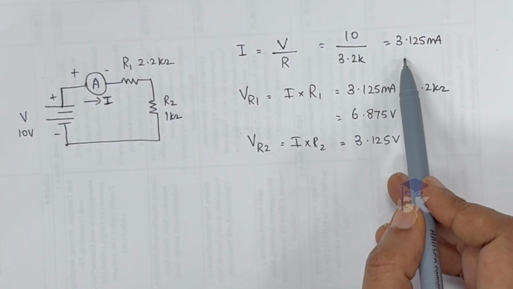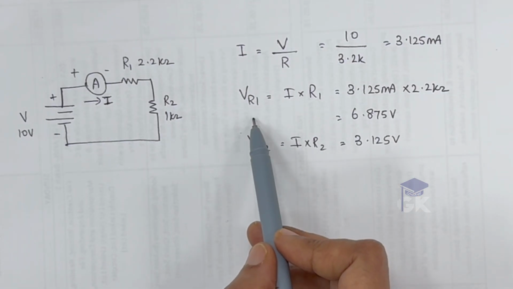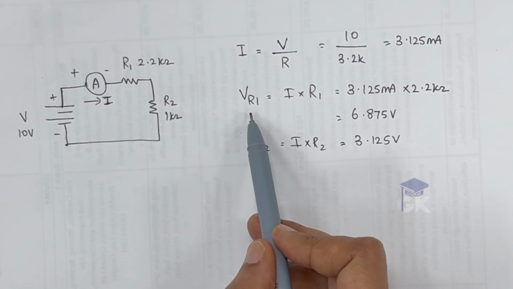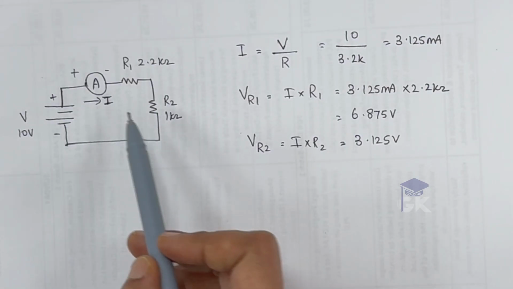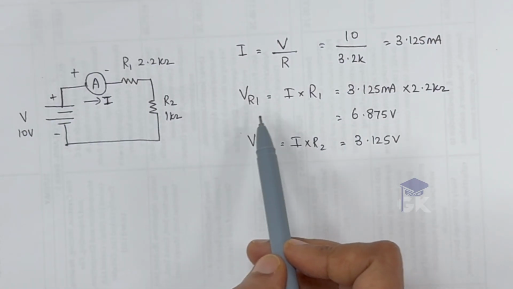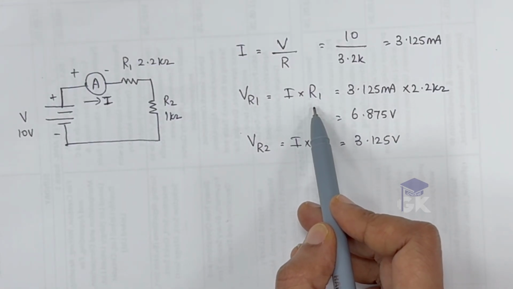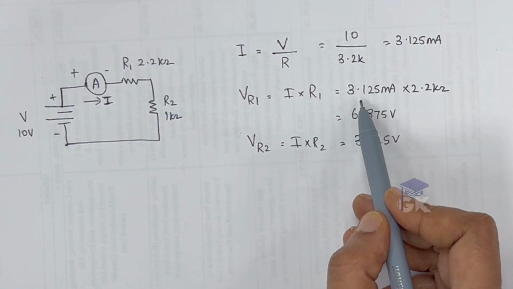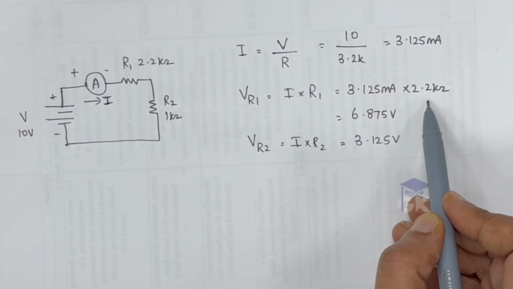Now we also have to determine the voltage across my resistances R1 and R2. The voltage across R1 can be determined as the current into the resistance R1. So current is 3.125 milliampere into the resistance value 2.2K, which tallies to 6.875 volt.